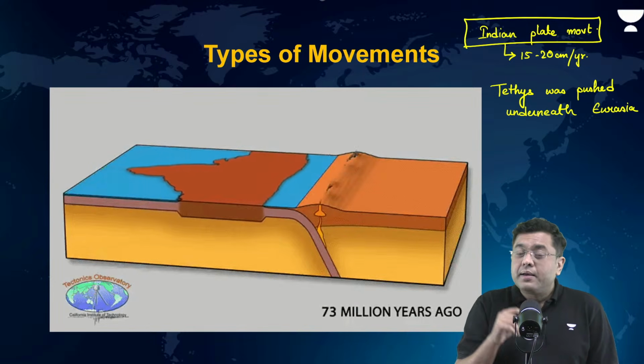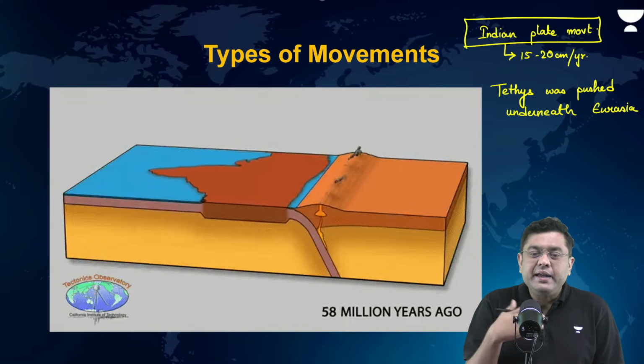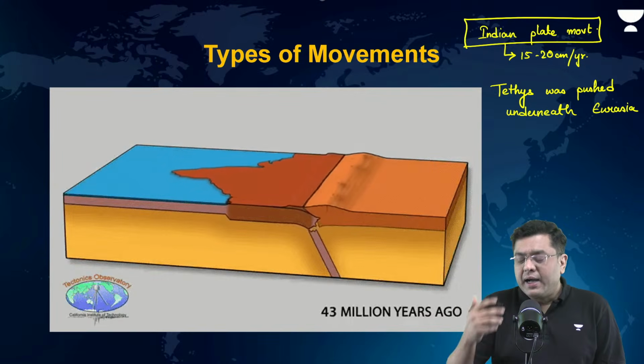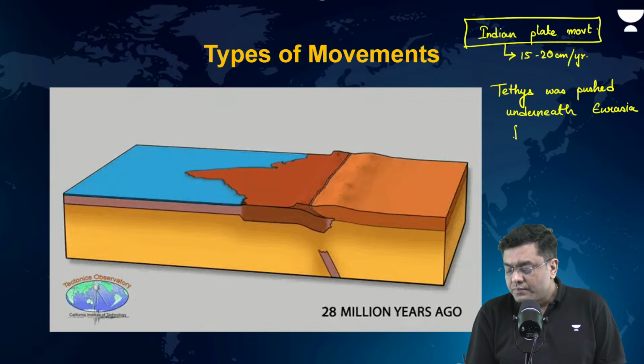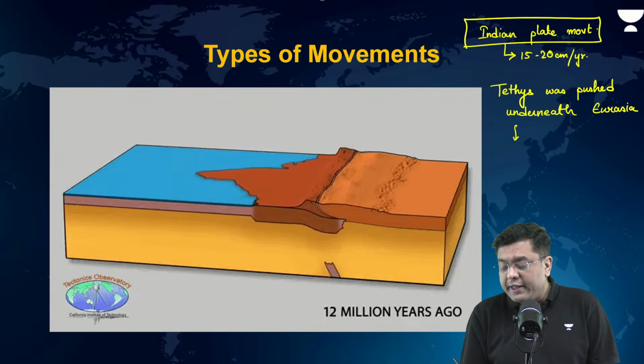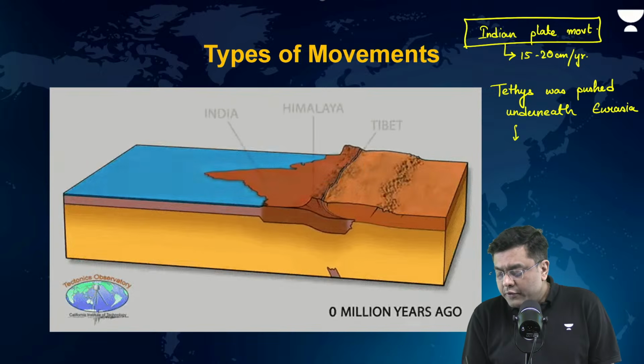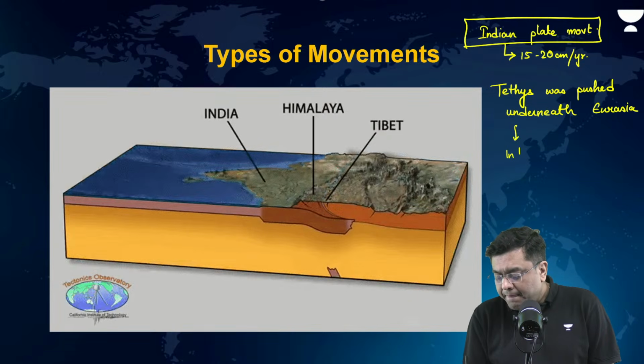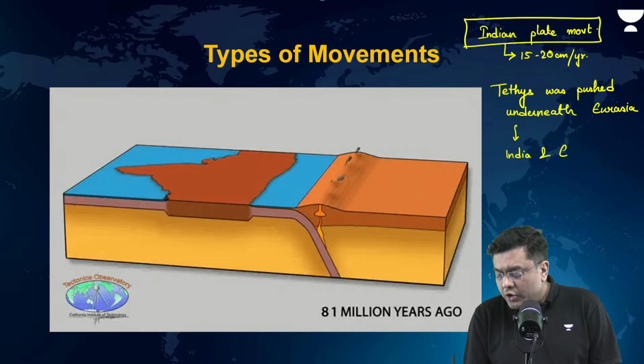Now, this is when you had this much amount of Tethys pushed, and the Indian plate then went ahead and created the entirety of the collision. So India and Eurasia collided.